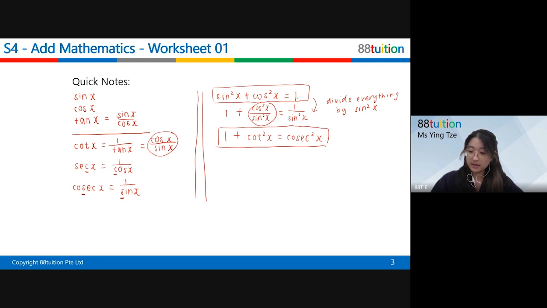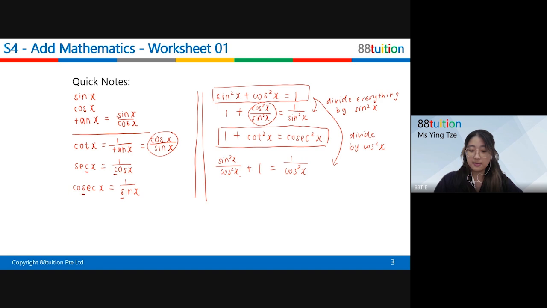And then for the third one, the first equation, we can divide everything by cosine squared x. So sine squared x divided by cosine squared x plus this thing divided by cosine squared x will give you 1. Then here we have 1 divided by cosine squared x.